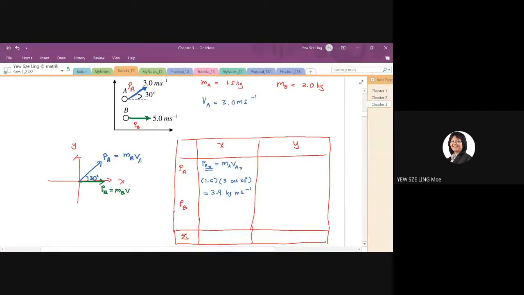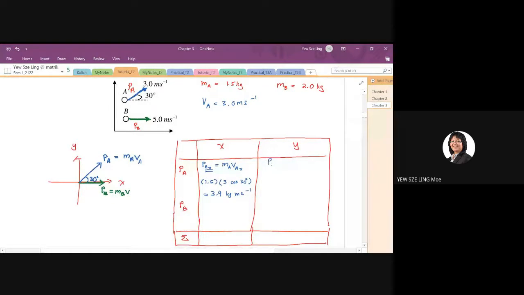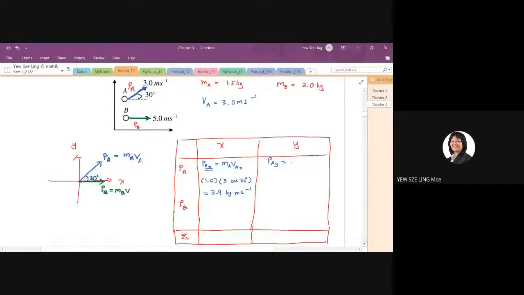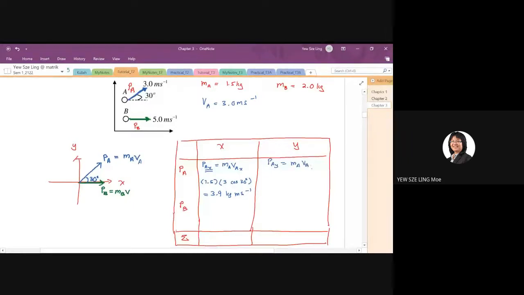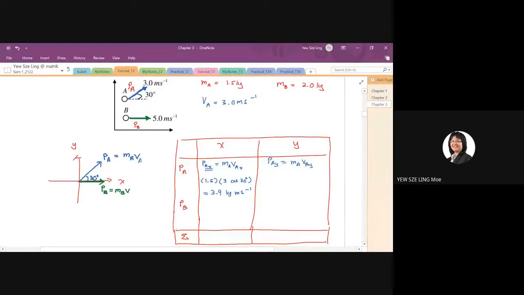And then your PAY is equal to MA VAY. So now you want to resolve V into the y component.